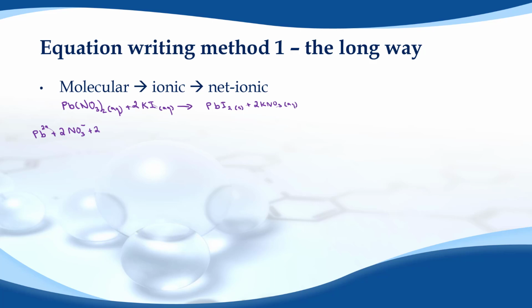Then we have 2 potassium ions, 2 iodide ions. That will form PbI2 plus 2 potassiums plus 2 nitrates. So that is, for lack of better handwriting, our complete ionic equation.